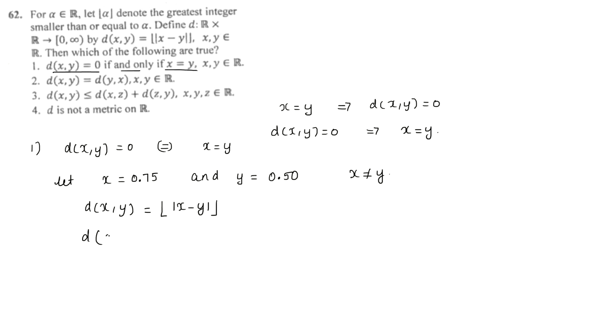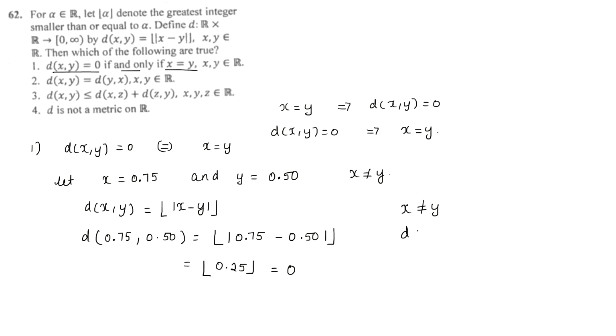So d of 0.75, 0.50 is the greatest integer smaller than or equal to mod 0.75 minus 0.50, which is the greatest integer smaller than or equal to 0.25, and this is equal to 0. So you can see that even though x was not equal to y, we have d of x, y equal to 0. So option 1 is wrong.